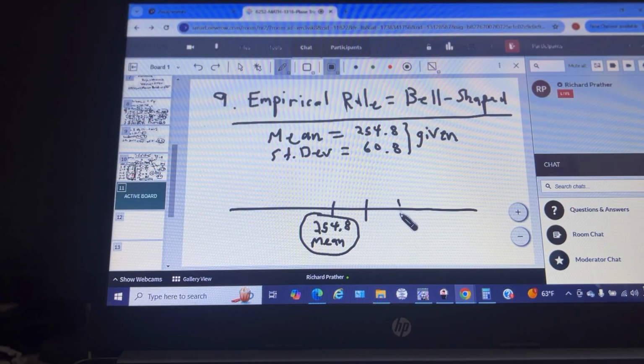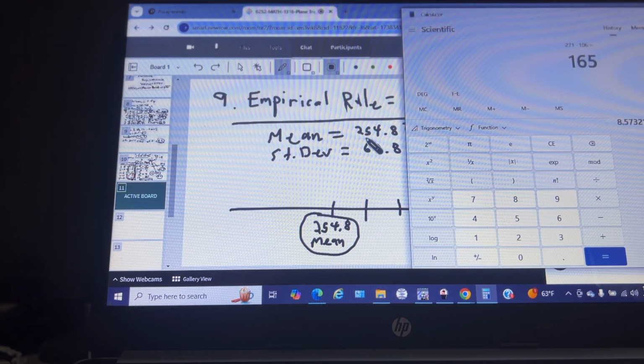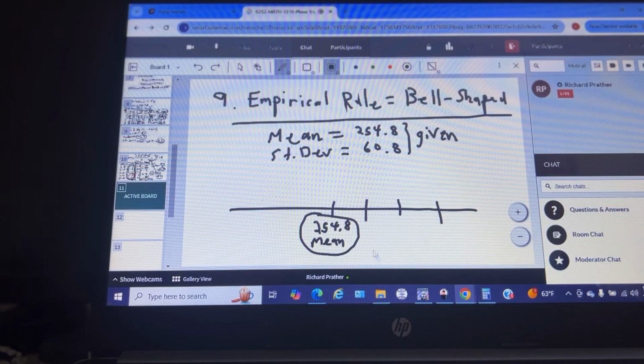So I'm just going to mark 3 more spots, always 3, and take this mean and start adding the standard deviation to it. So take 254.8 and add 60.8. 315.6, that's right here.